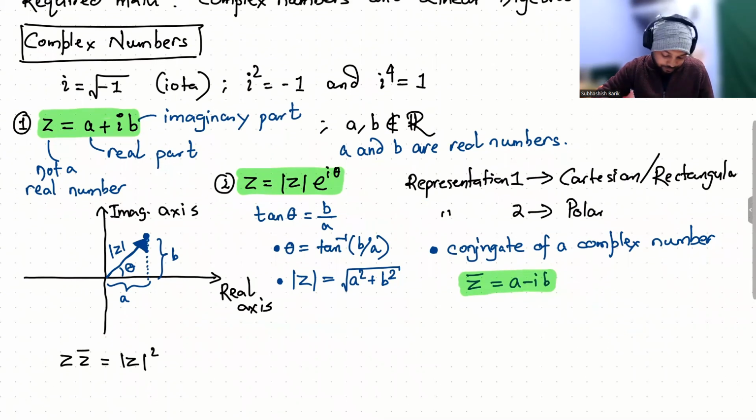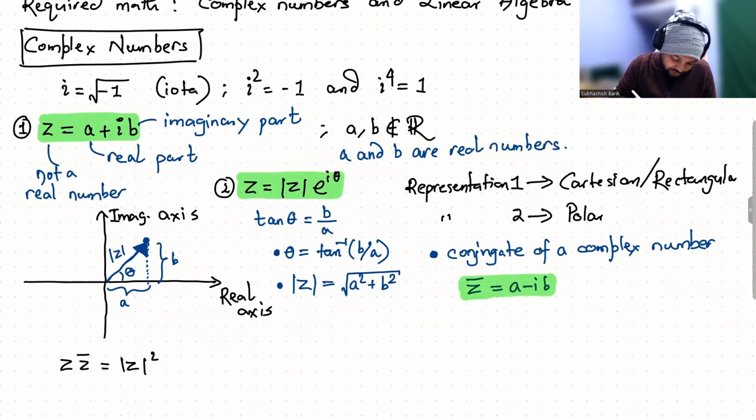All right. We can also quickly check it. So z into z bar would be a plus ib times a minus ib, right? So this would give me a squared, and then minus i times ab, and then plus i times ba, and then i into minus i.